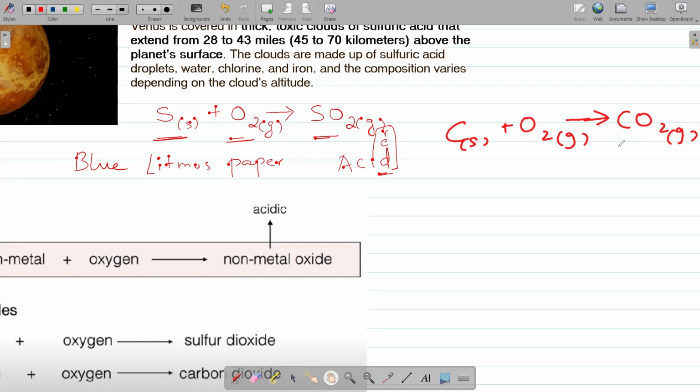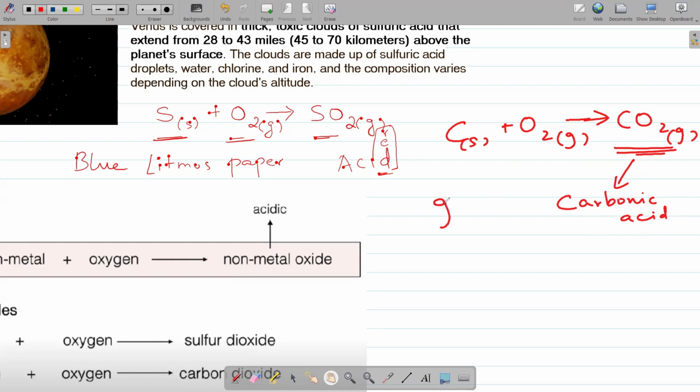When water is added to the gas jar of carbon dioxide, it gives a solution that turns blue litmus paper red. Here, carbon dioxide actually becomes carbonic acid. When carbon dioxide gas is bubbled through water, carbonic acid is produced.